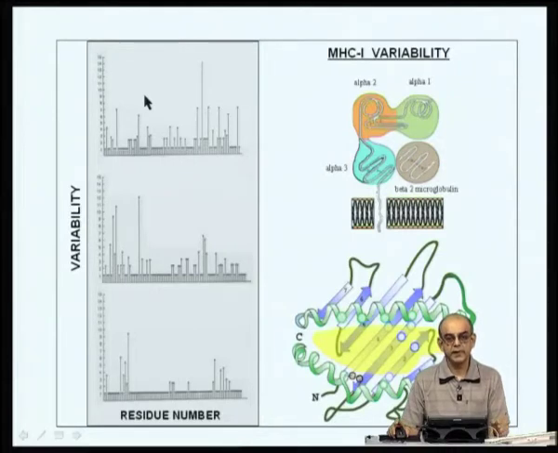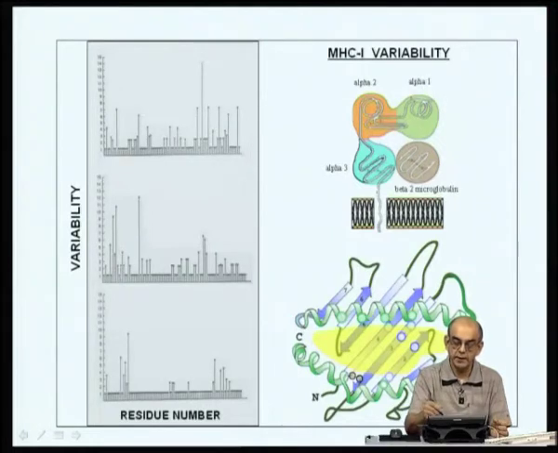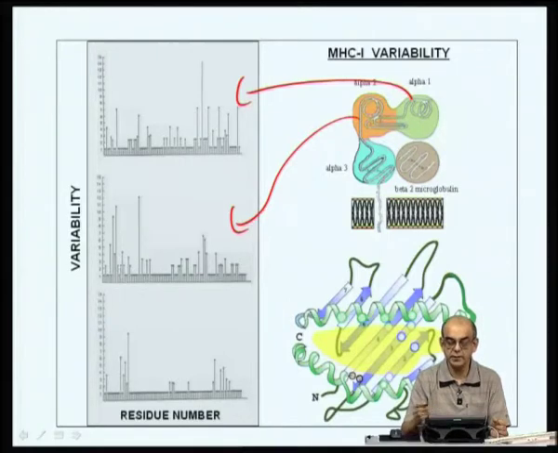So, looking at the variability plots of these subunits, both for the MHC1 as well as for the MHC2, and especially the MHC1 variability, we saw how the alpha 1 and alpha 2 domains were more variable in nature compared to the alpha 3 domain, which was just above the membrane.